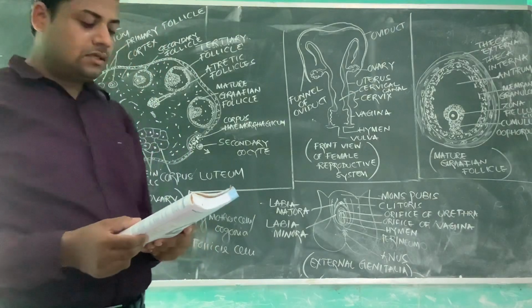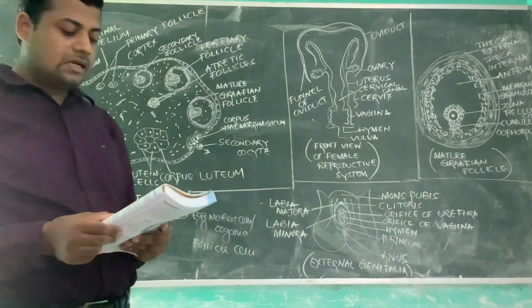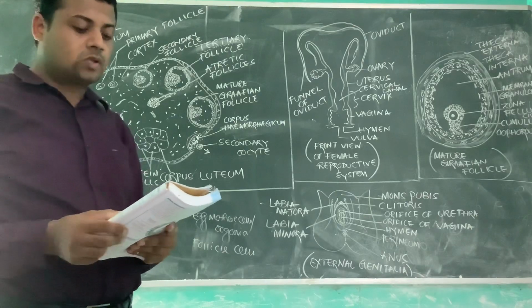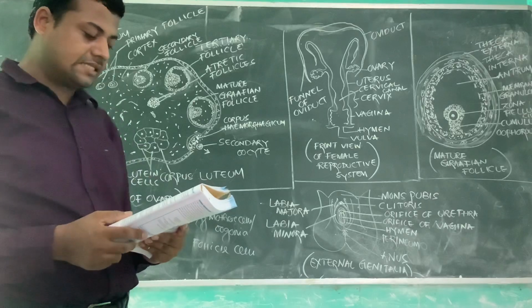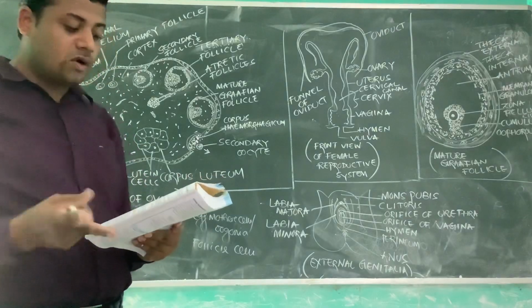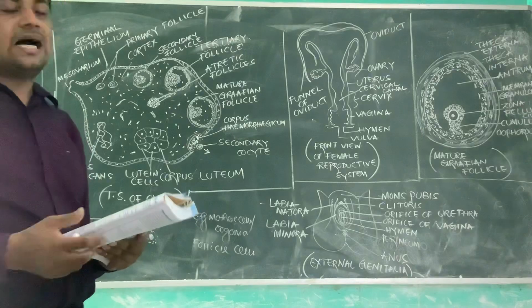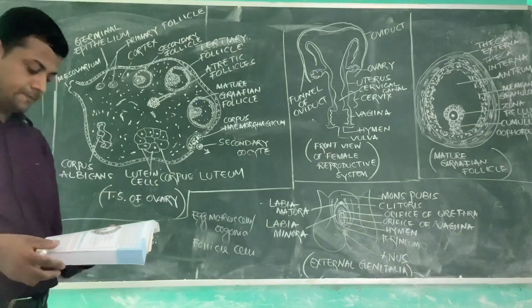At birth, the ovaries contain an estimated total of 2 to 4 million oogonia or egg mother cells. No more oogonia are formed and added after birth.